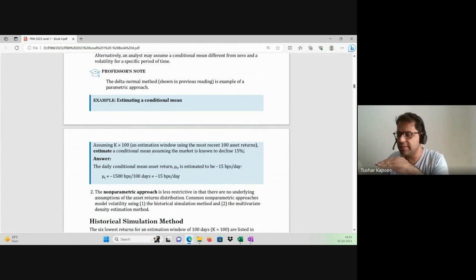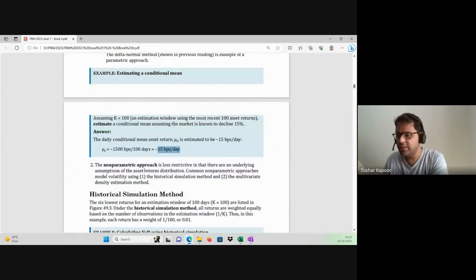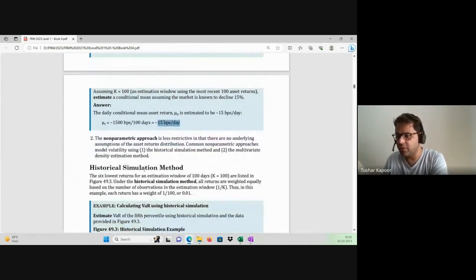All he's doing is taking the 15%, which is a known market decline for the year, and dividing it by 100 days, and that's how he gets the figure on a per day basis. I don't think personally this example is very important, but at least you should have some idea of it. For non-parametric, he's saying historical simulation is one way, and there is also multivariate density estimation.